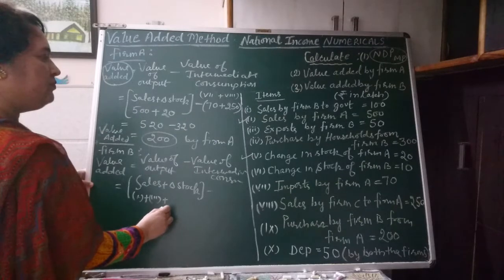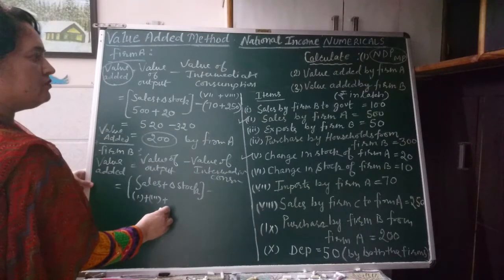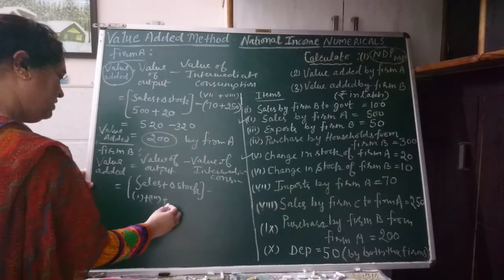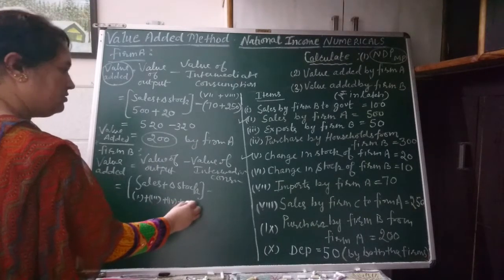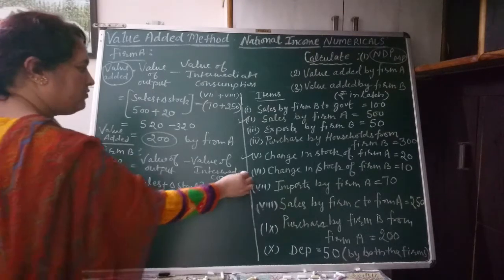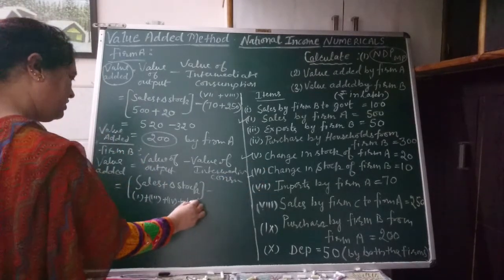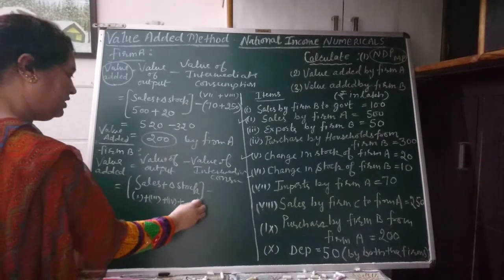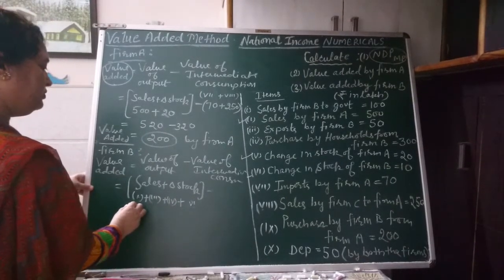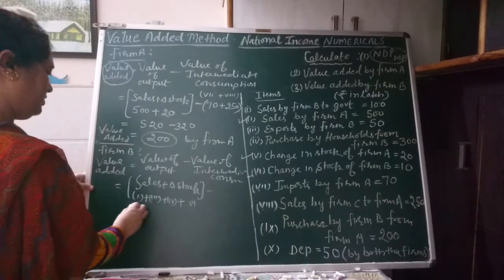Then purchase by households from firm B, item number 4, means firm B has sales to households. Plus change in stock by firm B, which is given as 10, item number 6.